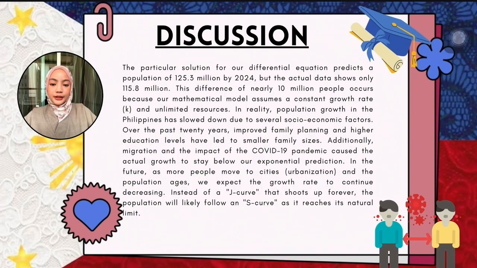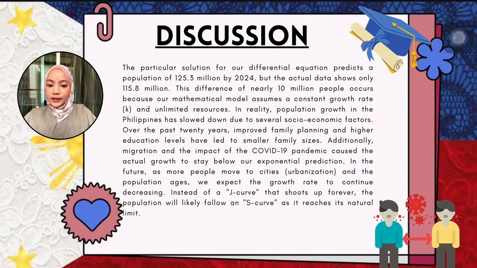For discussion, the particular solution for our differential equation predicts a population of 125.3 million by 2024, but the actual data shows only 115.8 million. This difference of nearly 10 million people occurs because our mathematical model assumes a constant growth rate and unlimited resources. In reality, population growth in the Philippines has slowed down due to several socio-economic factors.